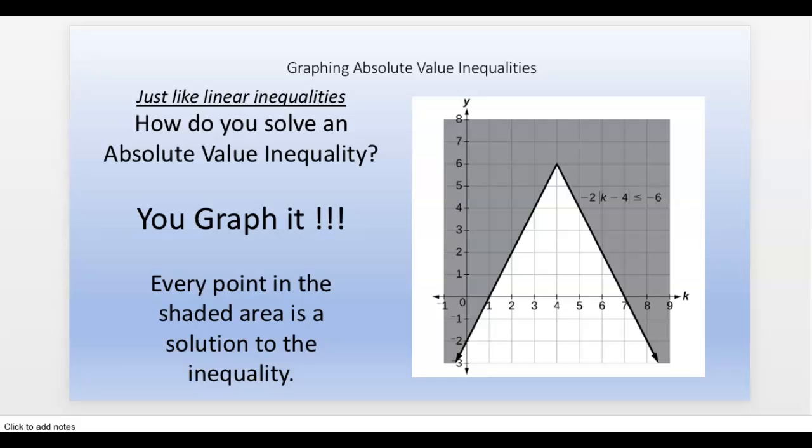You graph it. Every point in the shaded area, once you graph it, is a solution to the inequality. Any point in the shaded area makes the inequality true. You can solve it algebraically as well, but we're going to do it graphing, okay?